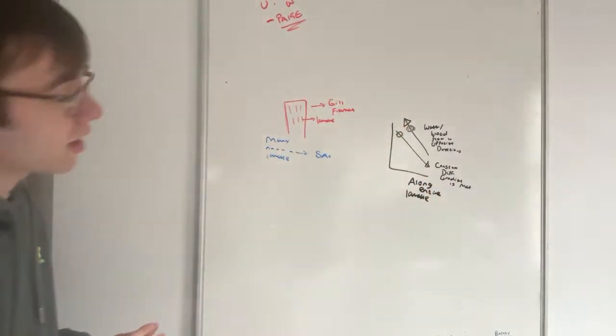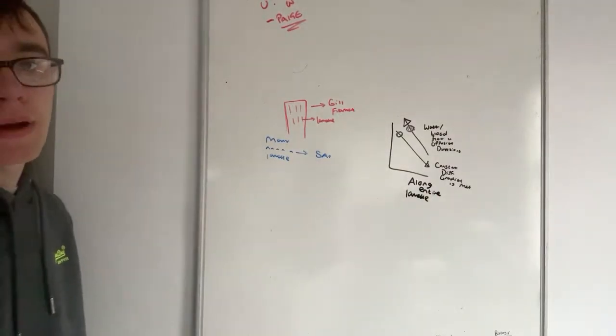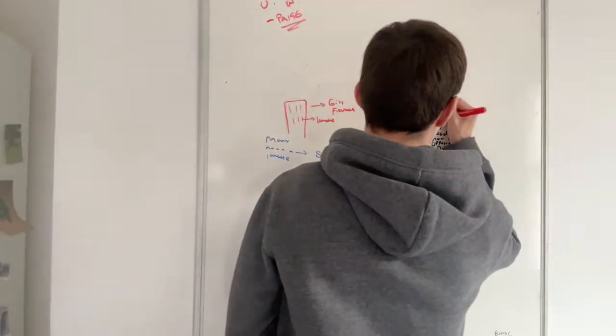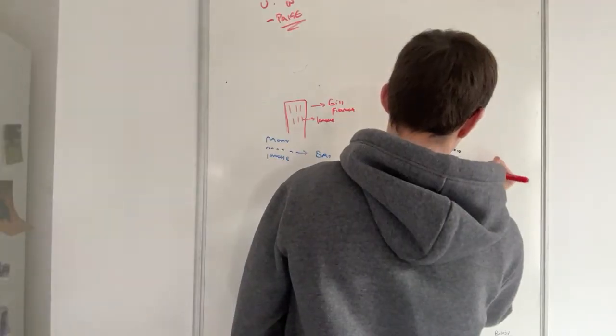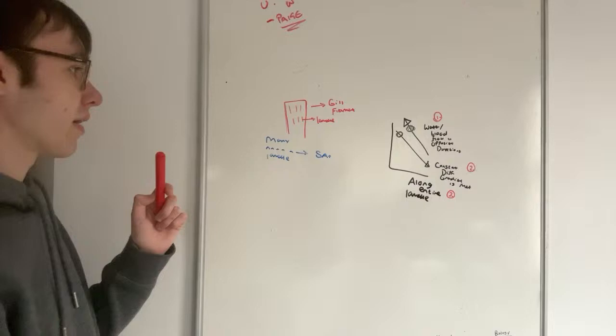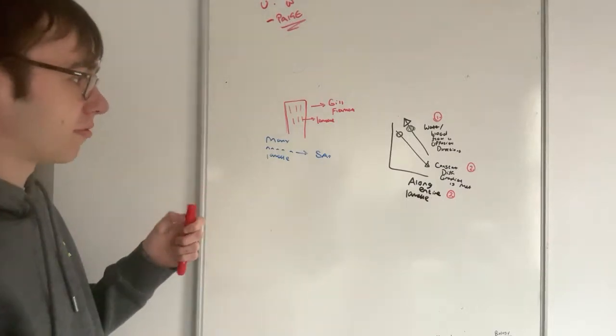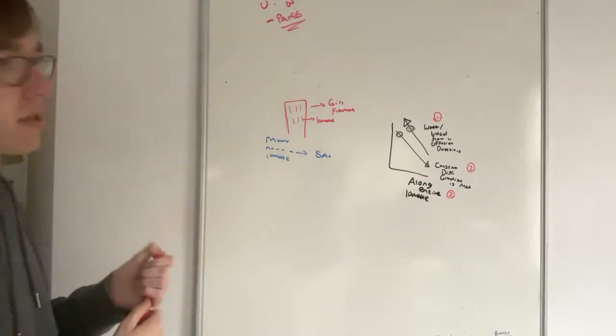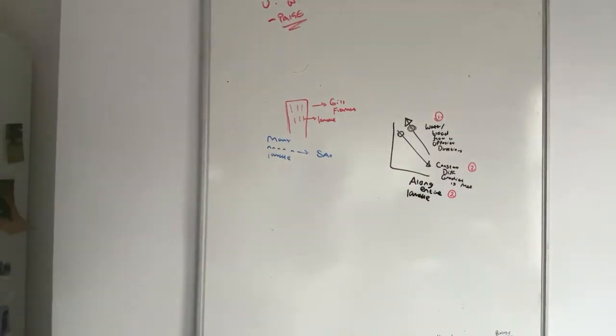So there's your three mark points. If you want to get three marks very easily: water and blood flow in opposite directions, maintaining a constant diffusion gradient across the entire lamellae. That is easy.